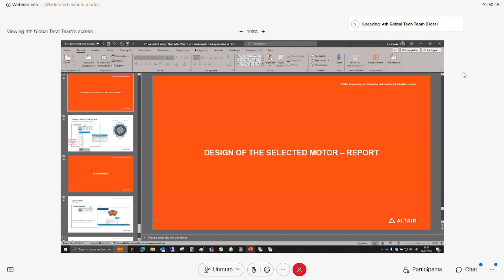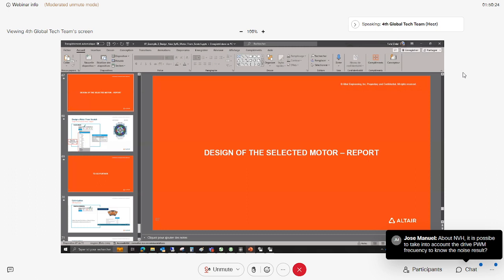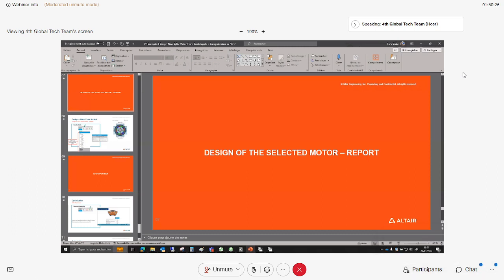OptiStruct is really interesting because here we consider the stator and we simplify the stator as a ring, but actually the stator of the machine is not a ring, especially the housing with its really complex shape, and we may be surprised to have a shift of the resonances and so on.